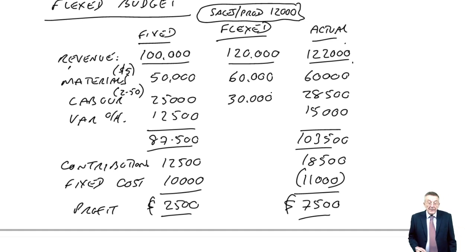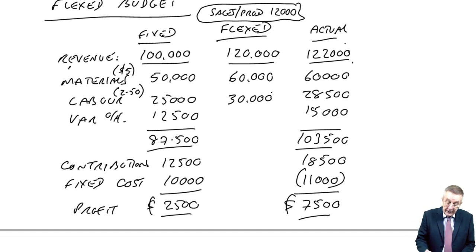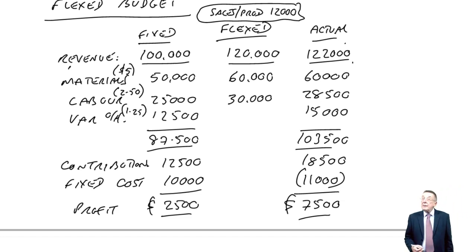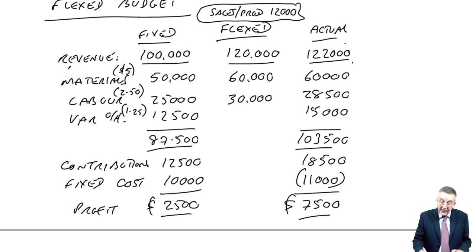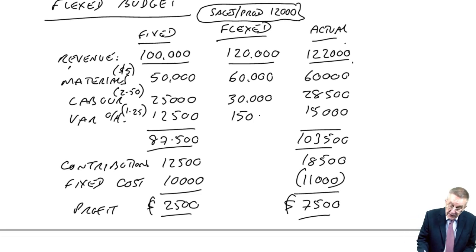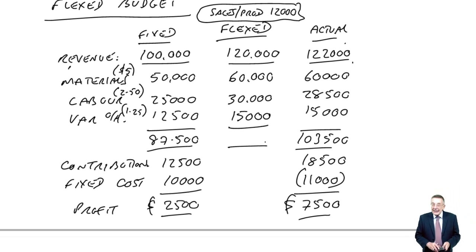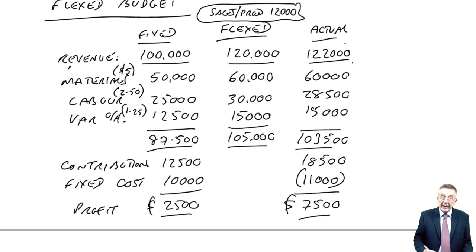Similarly, variable overheads. The original budget was obviously $1.25 a unit. 12,000 units at $1.25. It flexes, it would be 15,000. And so for the actual level of production, the variable costs you would have expected to be 105,000. The contribution, therefore, 15,000.